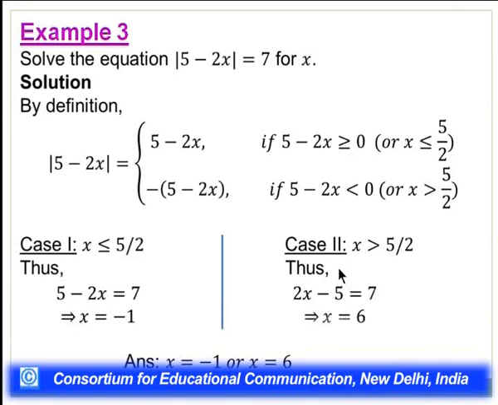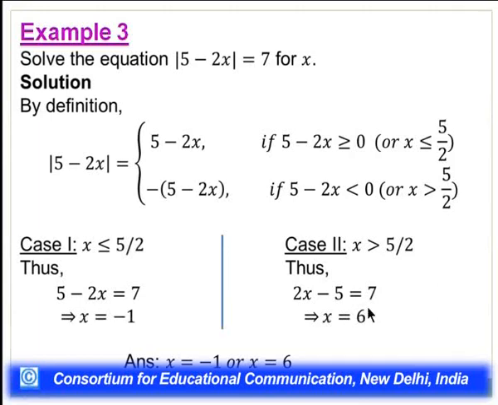The second case is one where x is greater than 5 by 2. As we just noted in the definition, if x is greater than 5 by 2, then the absolute value of 5 minus 2x is minus of 5 minus 2x, which is 2x minus 5.